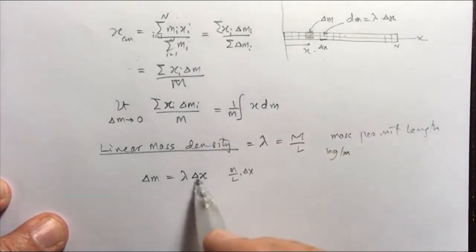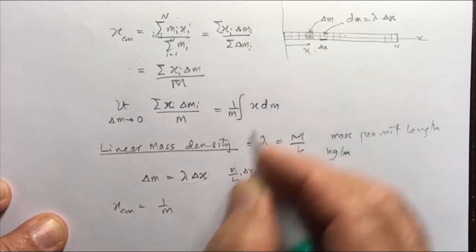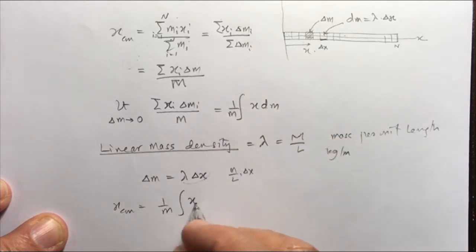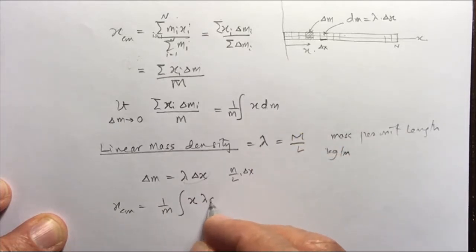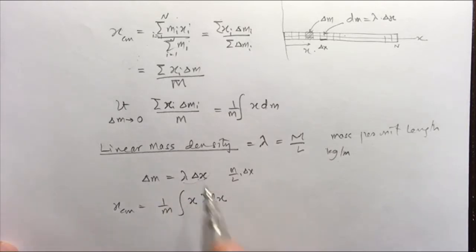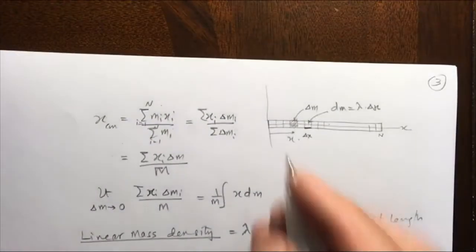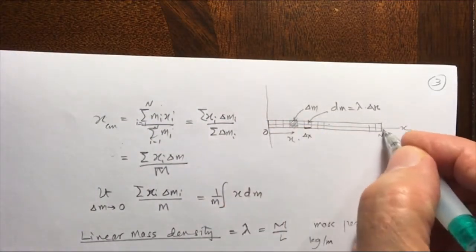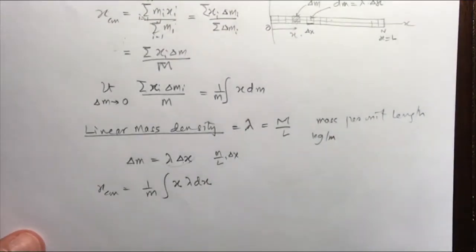So we use dm as lambda dx, and therefore our center of mass is 1 over m, and the integral is going to be x, and dm is going to be lambda dx. When the delta becomes a d, it becomes the same here. And the limit for x is x equals 0 to x equals L. So it's from 0 to L.